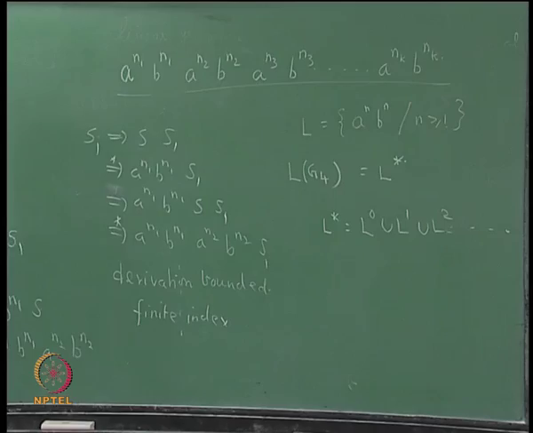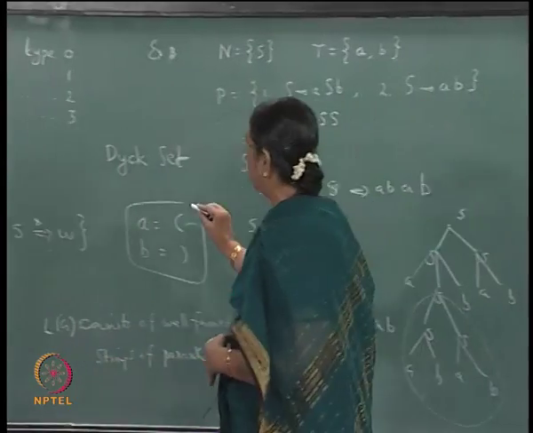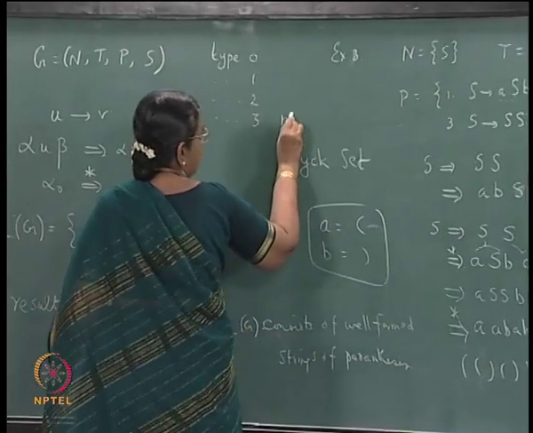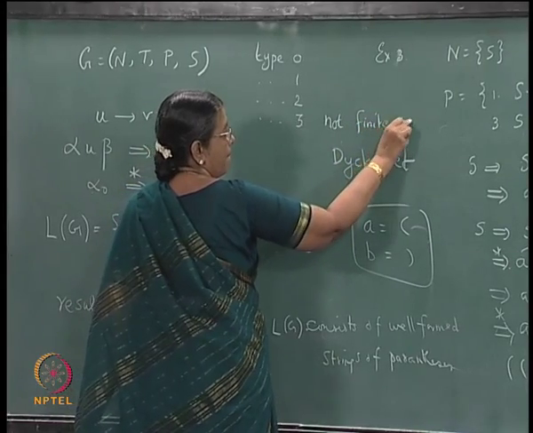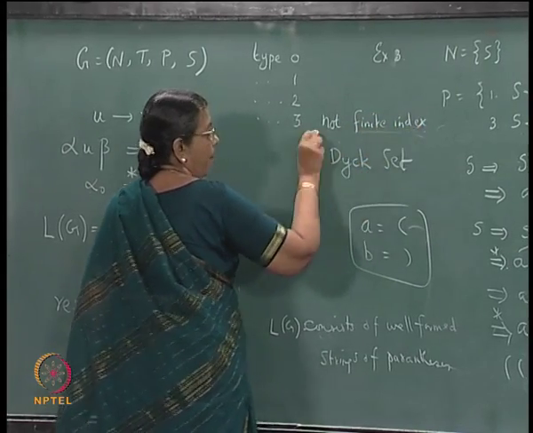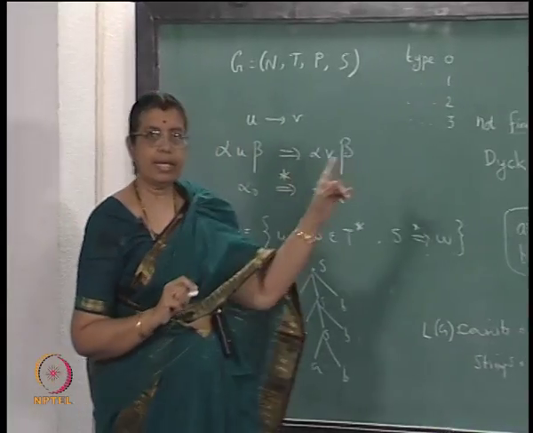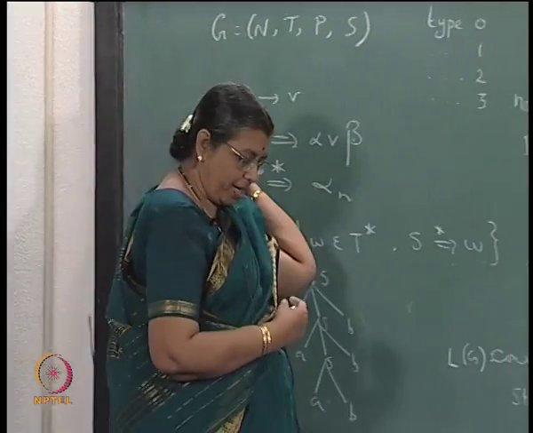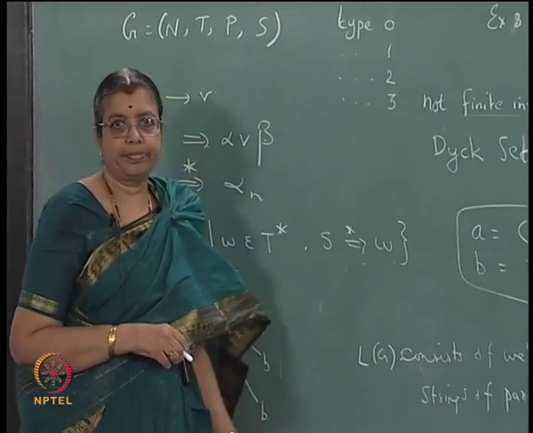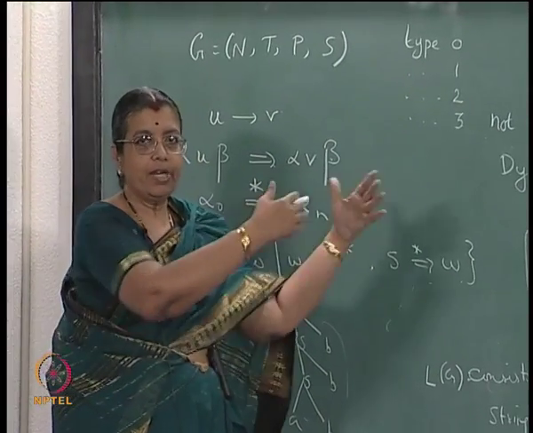This grammar and this language Dixit is not of finite index. This is a major result. Actually, we will consider more about it later. So, it belongs to a different class.